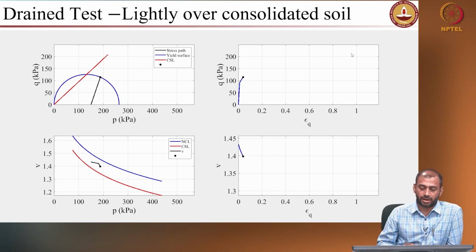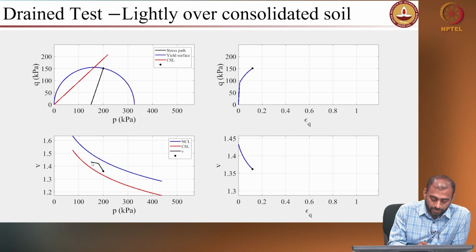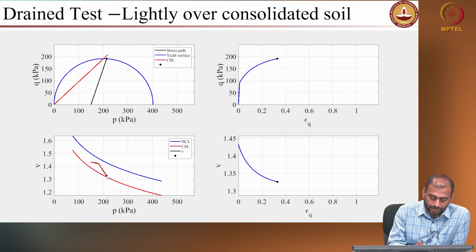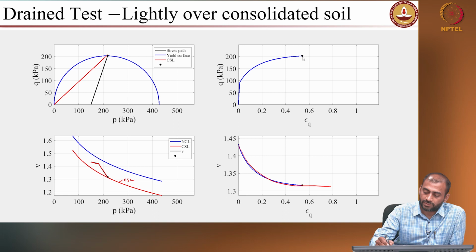Similarly, if you have an over consolidated soil, if the stress state is in the elastic regime, the change in specific volume is not that much, but once it reaches yield, the specific volume decreases rapidly and then reaches this critical state line, right. And here also you can see a continuous contraction in the specific volume until it reaches a constant value.